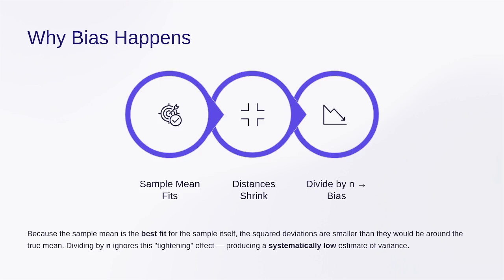Imagine three students standing and choosing their center point. Of course, every center makes everyone look closer together. That's exactly what happens in statistics. So dividing by n ignores the shrinking effect, and that creates bias.